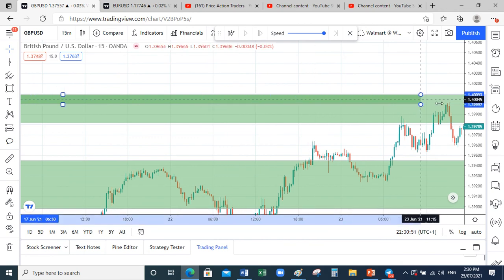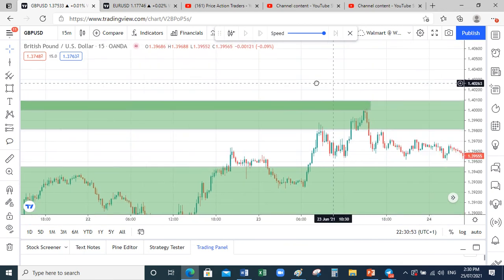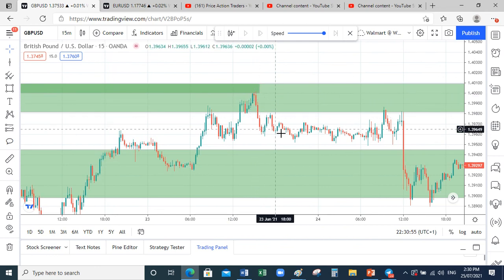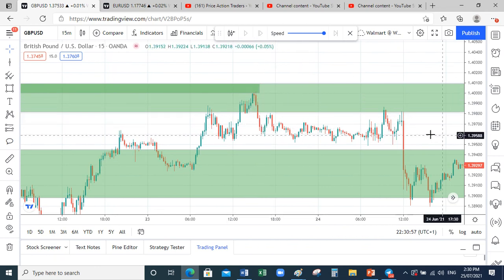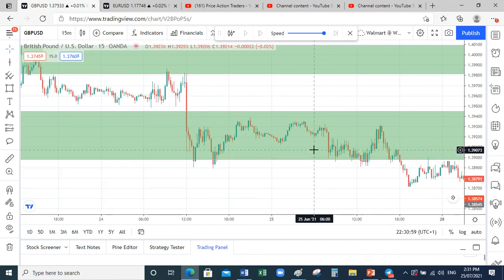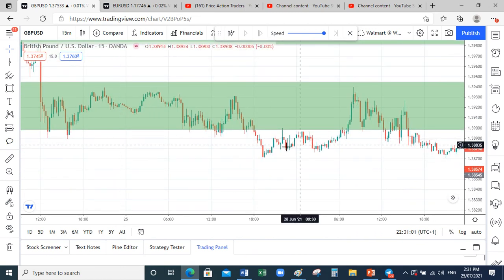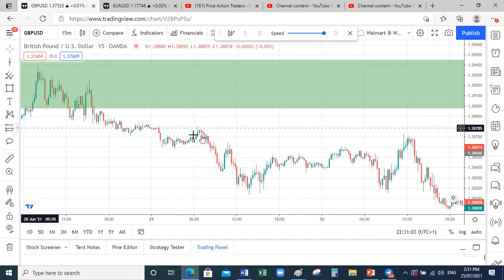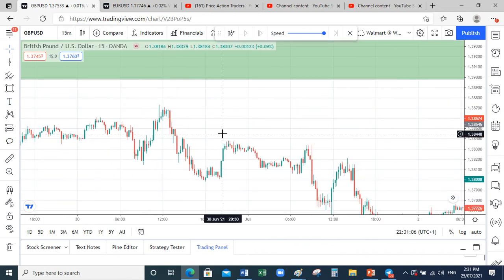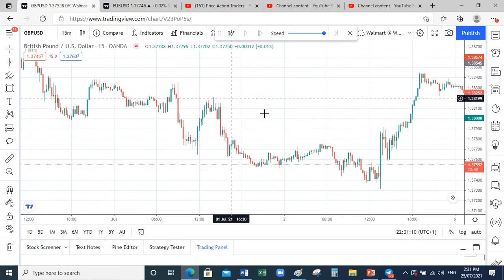Price came down, tested it and blasted downward. So you can still refine to 1 minute, 5 minutes to get a very low risk.